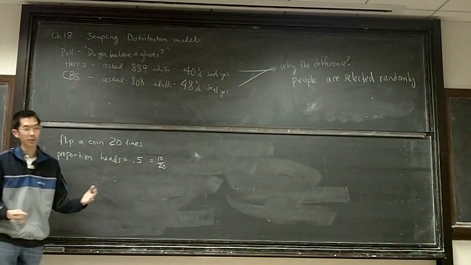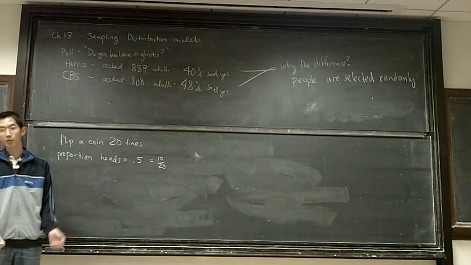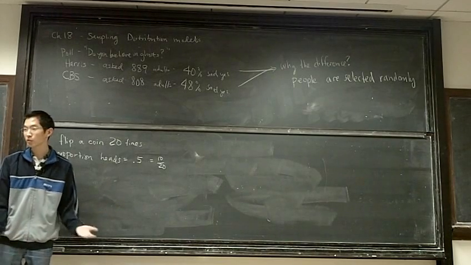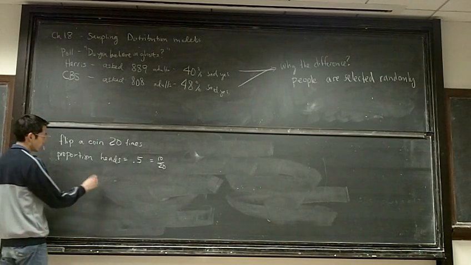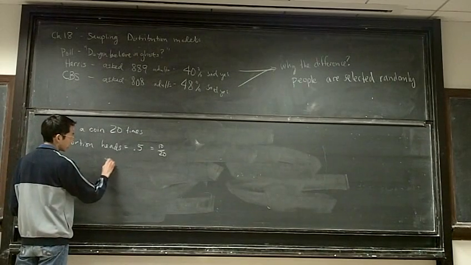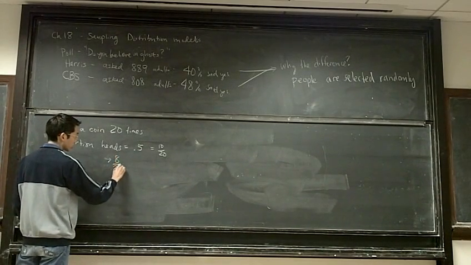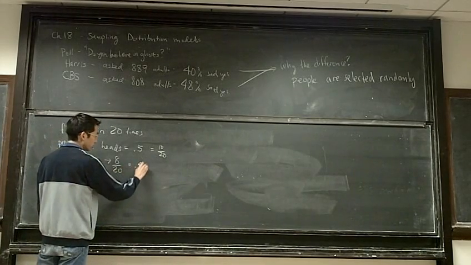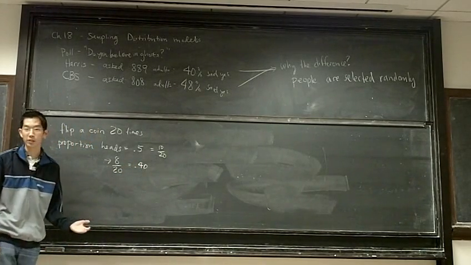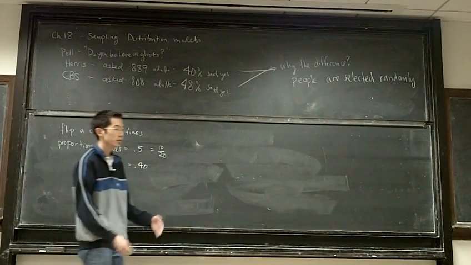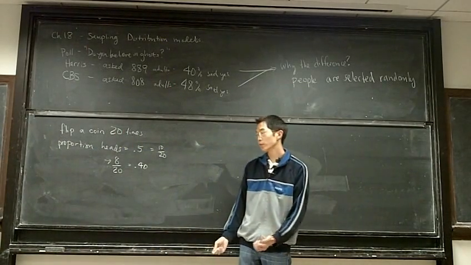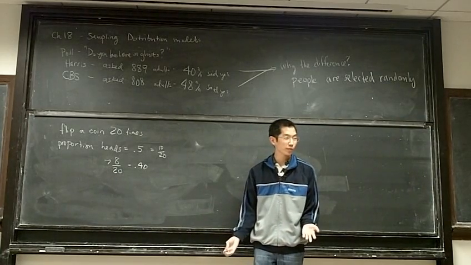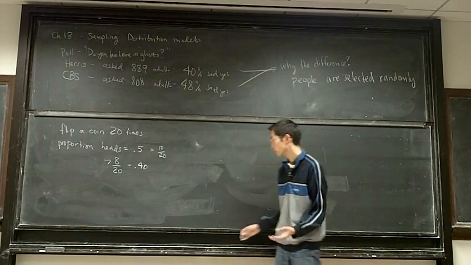Some of you, just because when you flip a coin it's random, might only see 8 heads and 12 tails. So other people might see 8 out of 20, and their proportion of heads will be 0.40. And so just by the random nature of the coin, everyone's going to observe a different proportion.